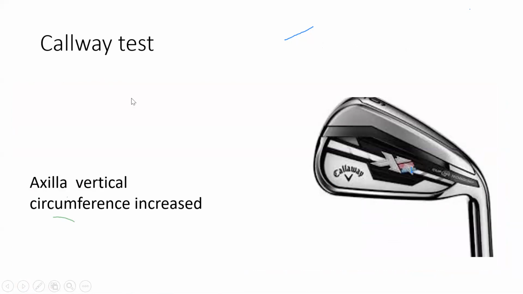This is the Calvé test. Calvé, I searched on the internet, is a company, a brand of golf. So this is a golf stick, and it looks like the axilla. What happens in the Calvé test? If you see, this is your axilla. With a dislocation, your axillary vertical circumference will increase.